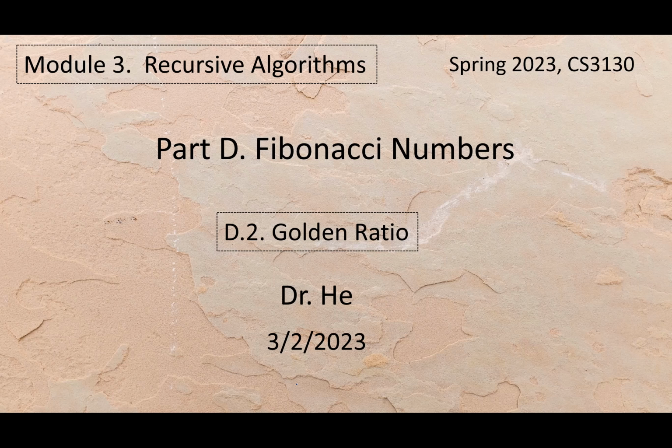Next, we need to find the formula for Fibonacci numbers. And here we need to start with the golden ratio concept, because in the formula we need to use the golden ratio.